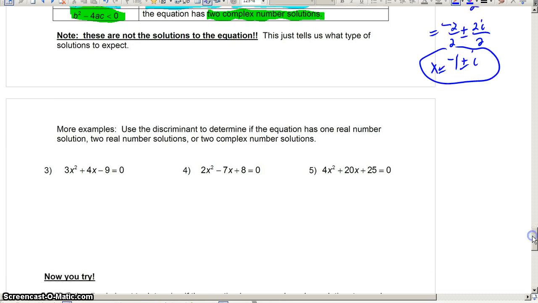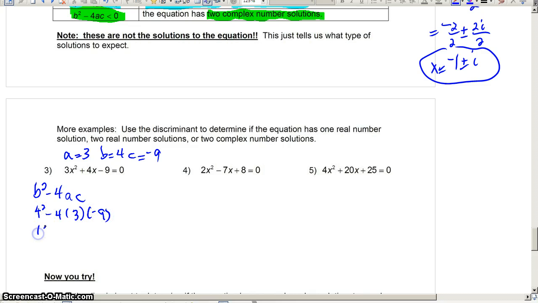So very quickly, in our last bit of examples here, let's take a look at example 3. Again, name your A. A is 3, B is 4, C is -9. Just evaluating the discriminant. The directions will say use the discriminant to tell whether you get 1 real answer, 2 real solutions, or 2 complex. Let's work it out. 4 squared minus 4 times 3 times -9.